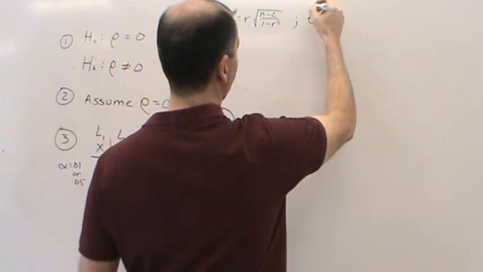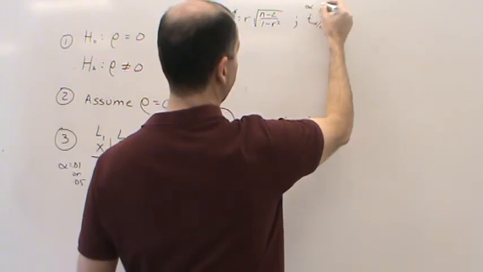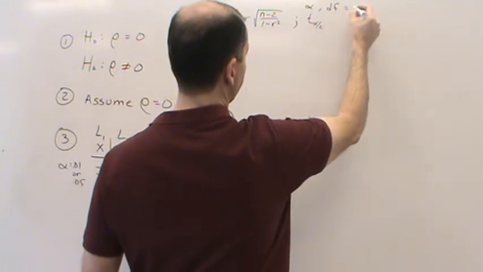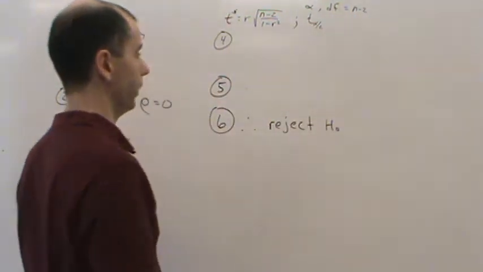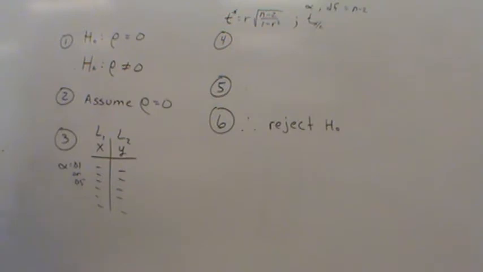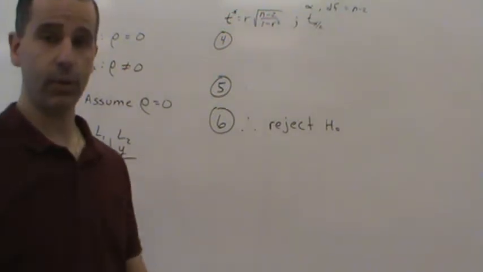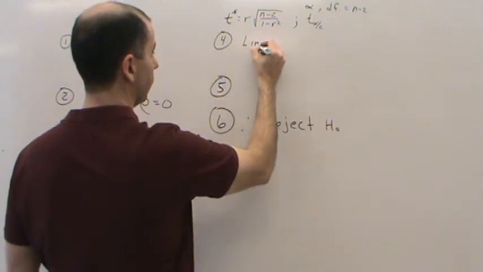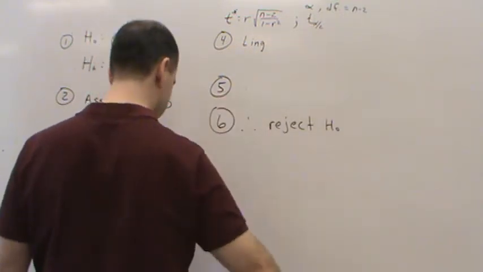What you need to know for that is alpha and the degrees of freedom, which is n minus 2. So you're going to need to know that. But on the calculator, this is what I would use. You can use LinReg.